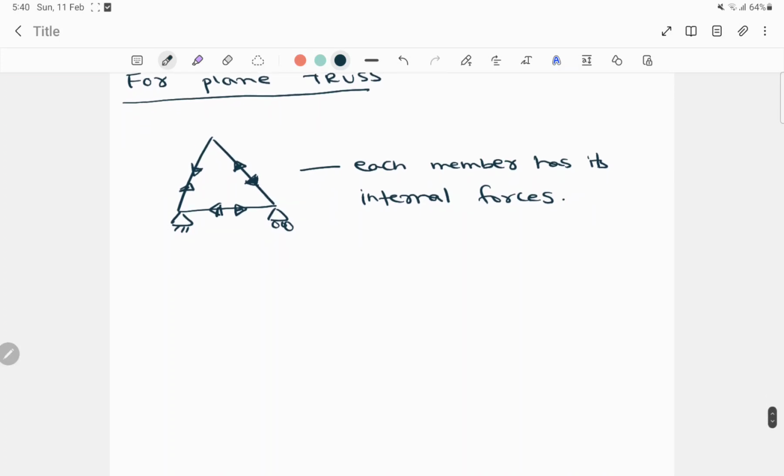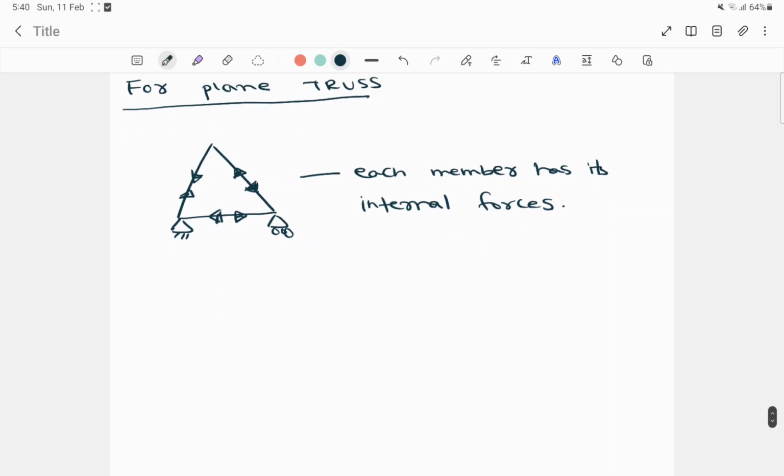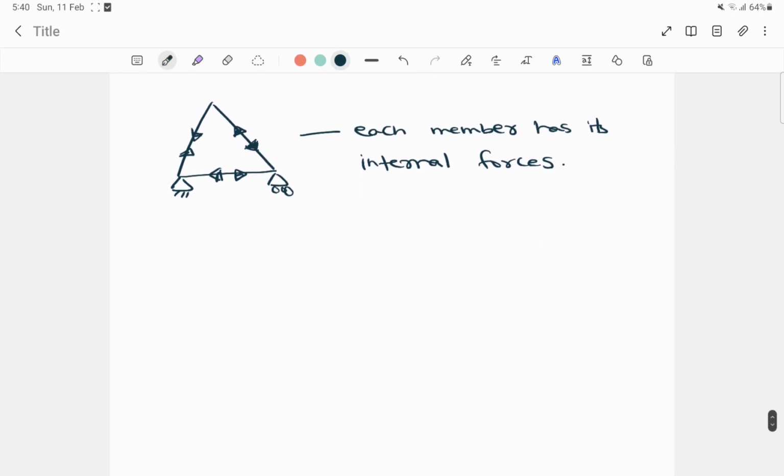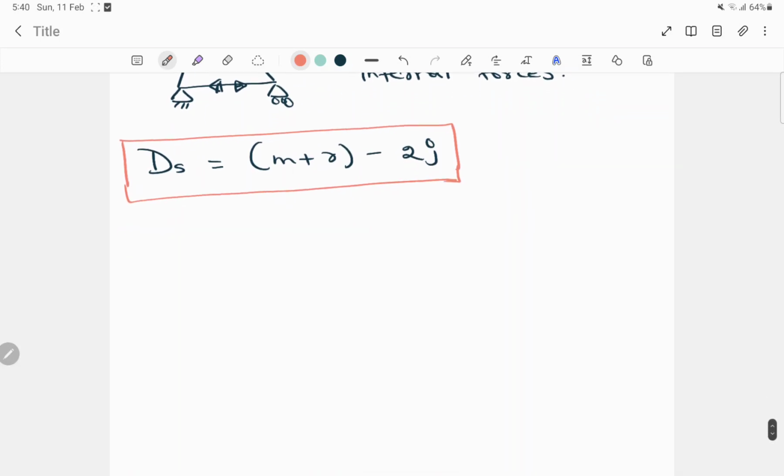Now to find the static indeterminacy of the plane truss, we have a formula, that is ds is equal to m plus r minus 2j. This is the basic formula of finding the static indeterminacy of the plane truss.